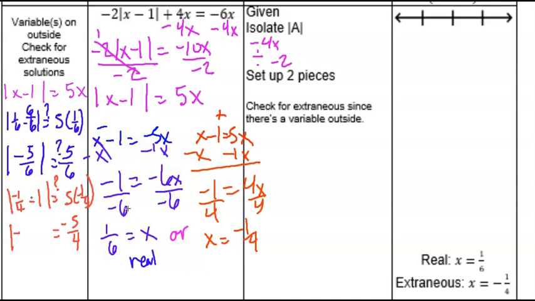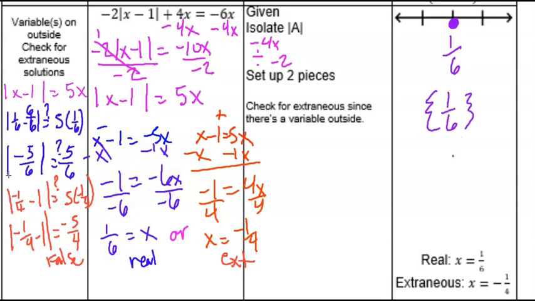We don't even have to add or subtract these fractions. So that's false. So this is extraneous. So on the number line, we would just graph the real solution, 1/6. So your solution is just 1/6.